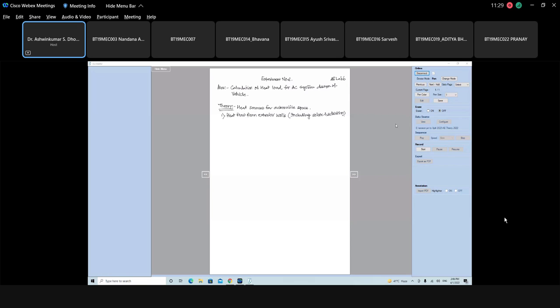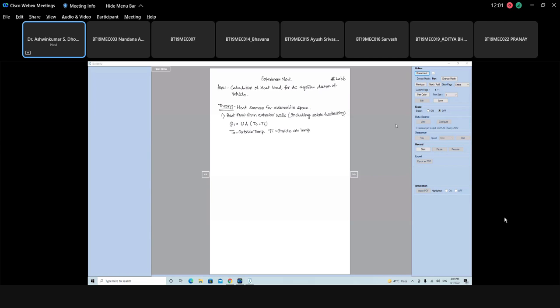So you will say that this Q1 is denoted by heat flow from the exterior. So Q1 is equal to U into A into (T0 minus Ti), where T0 is outside temperature, Ti is basically the inside air temperature.